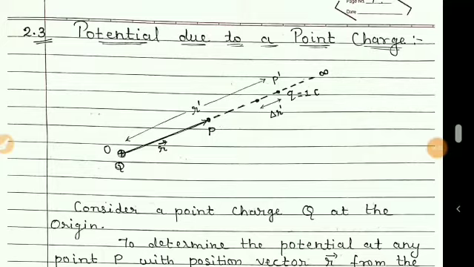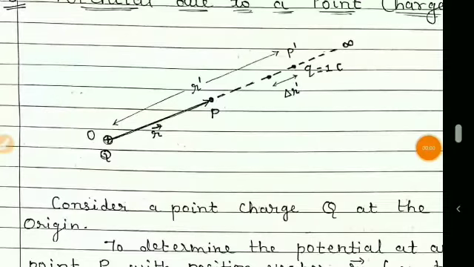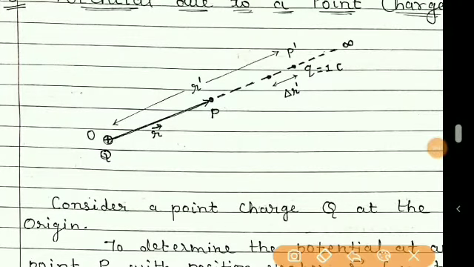This theory is very much important for the board exams. This theory is generally asked for 2 marks. In this theory you will find many similarities with the previous theory of electric potential.